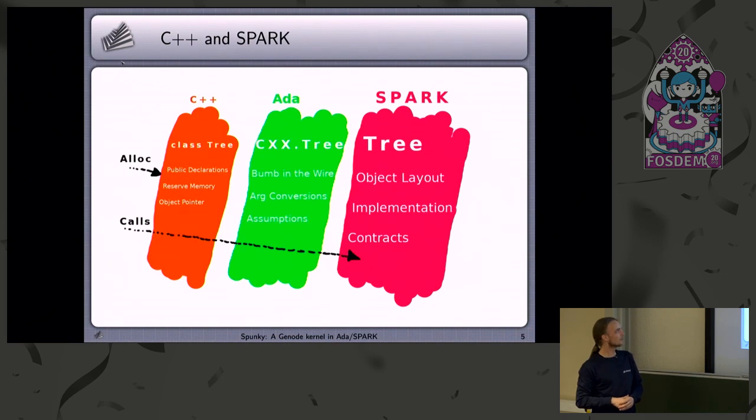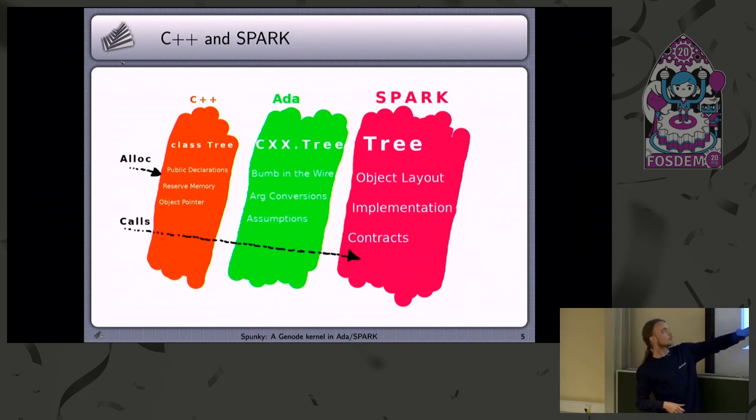And so we came up with this design: for every Spark package that shall interact with C++, or that shall be called from C++ better, there is a C++ class that has only the public interface declarations, so you can do the public calls on it. And it is bloated to the size of a record in Spark.